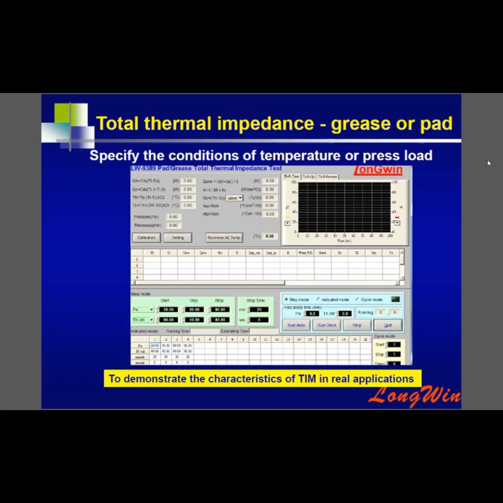Usually, we'll set different press load and temperature, so we'll know the thermal impedance value at different press load for one thermal grease. And also you can know the thermal impedance at different temperature for one phase change material.